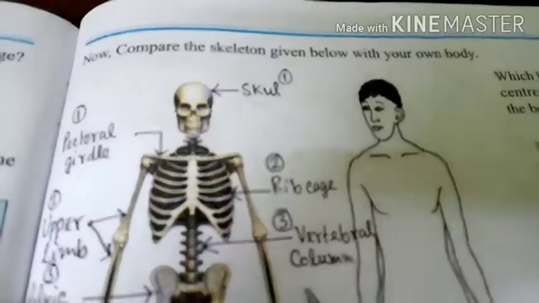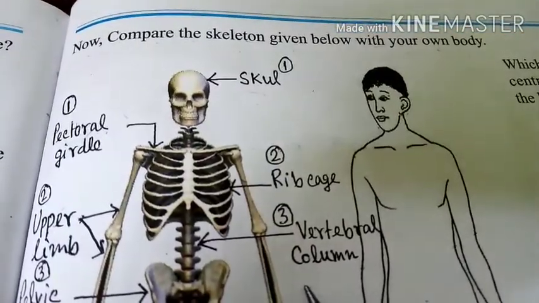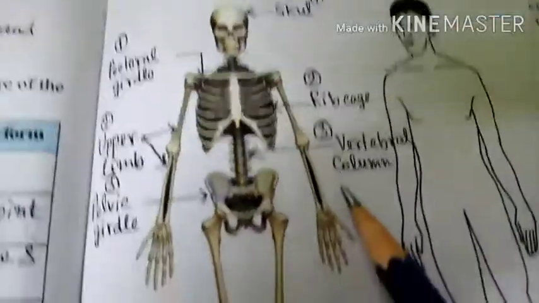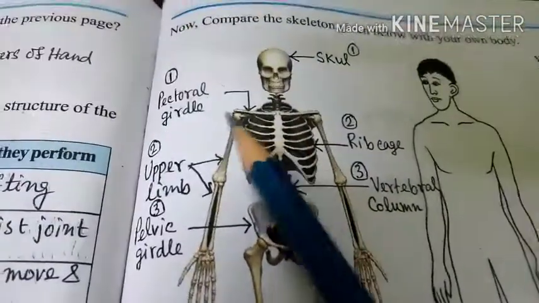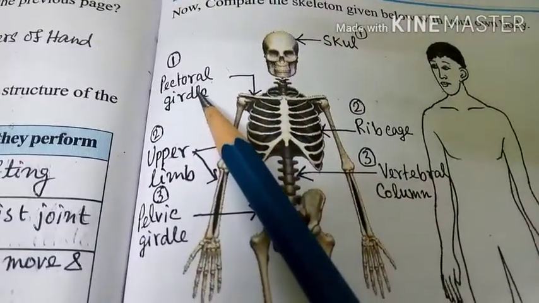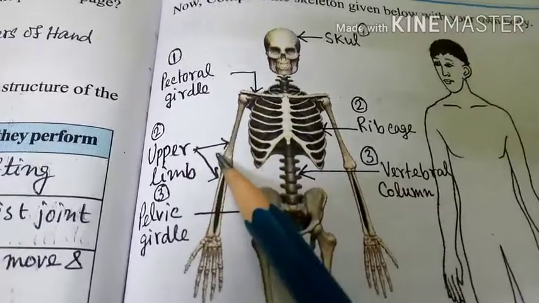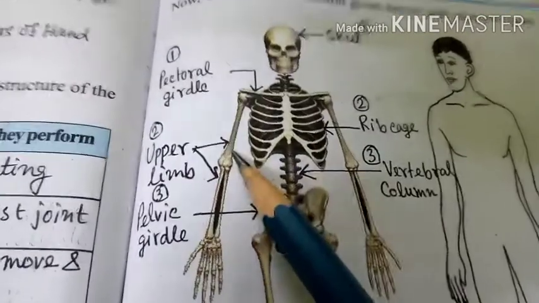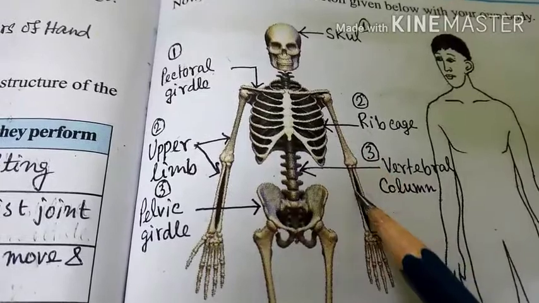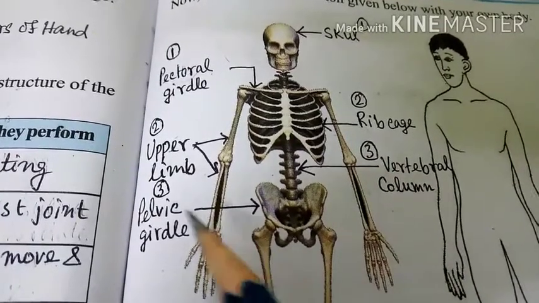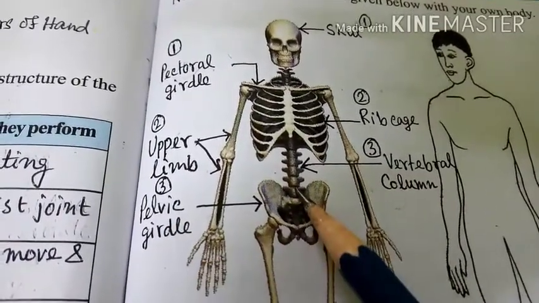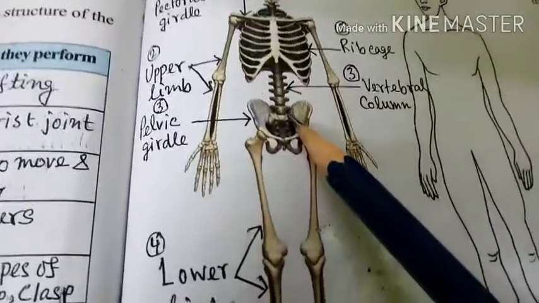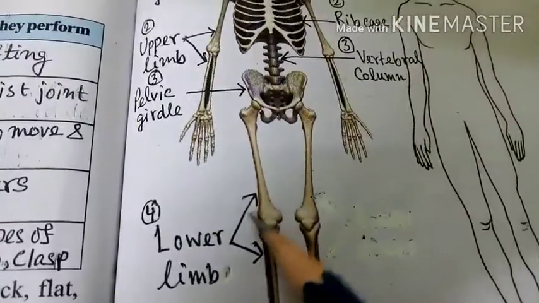constitute the axial skeleton. And look here, this is the pectoral girdle, upper limb, pelvic girdle and lower limb.